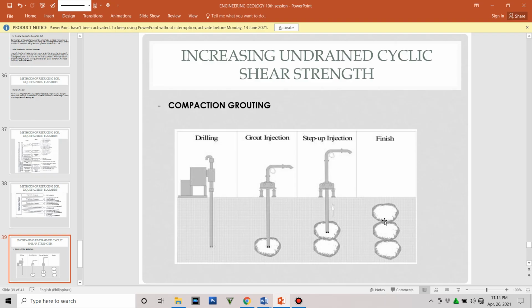Hence, it will solidify the soil. So, such method is applicable even for foundation ground beneath an existing structure. Kung nakita mo na yung footing mo nakalatag dyan at may space sa baba niyan, you can do this one, or what we call the compaction grouting.